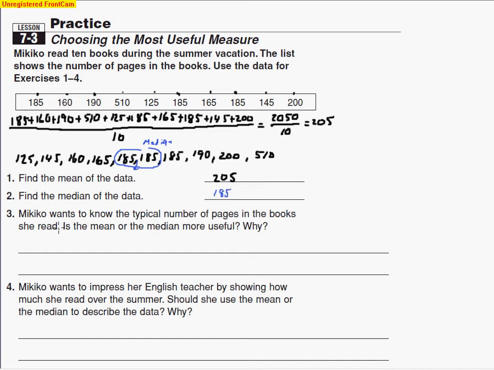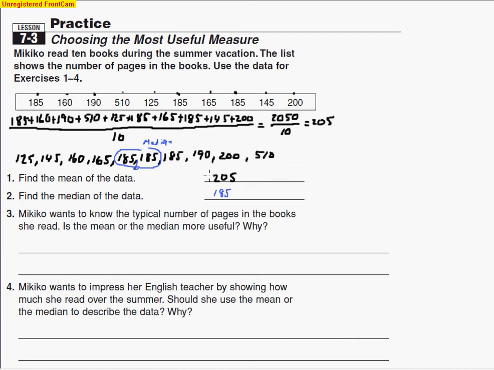So it says, Makiko wants to know the typical number of pages in the books she read. Is the mean or the median more useful, and why? Well, let's take a look at them. 205 is the mean. And if we look at the numbers, 125, 145, 160, 165, these are all in the 100s. There's only one number in the 200s and one in the 500s.